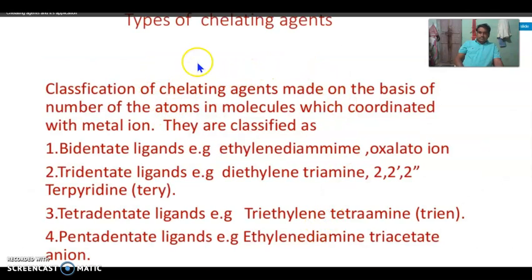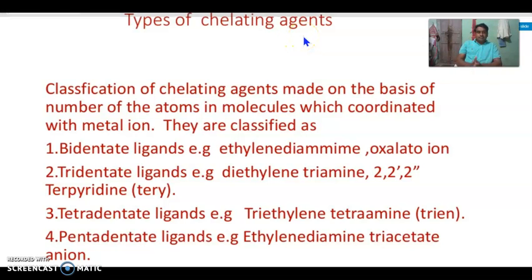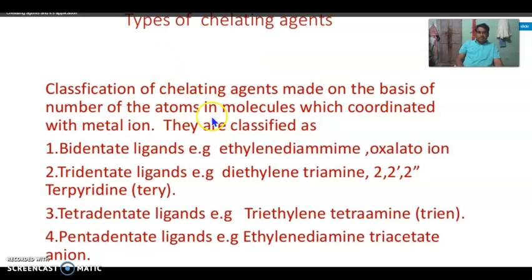Another topic is types of chelating agents. Classification of chelating agents is made on the basis of the number of atoms in the molecule which coordinate with the metal ion. If they form two bonds with the metal, then it is called a bidentate ligand, for example ethylene diamine and oxalato ion.